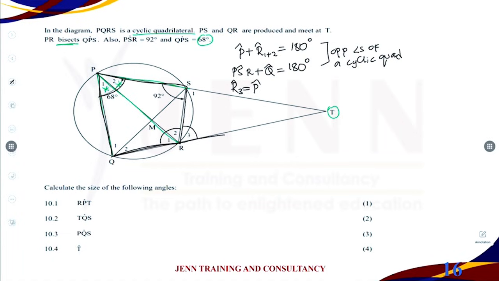Similarly, the size of angle S1 will definitely be equal to angle Q. These are your exterior angles of a cyclic quad.